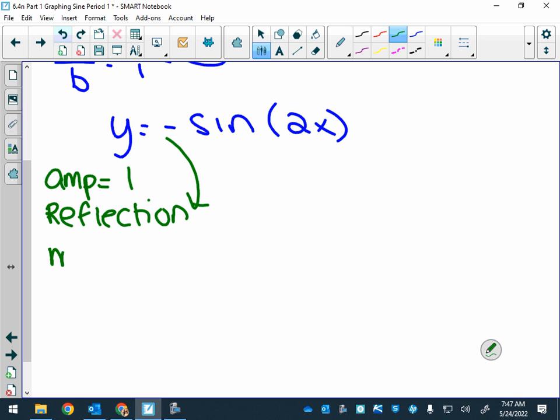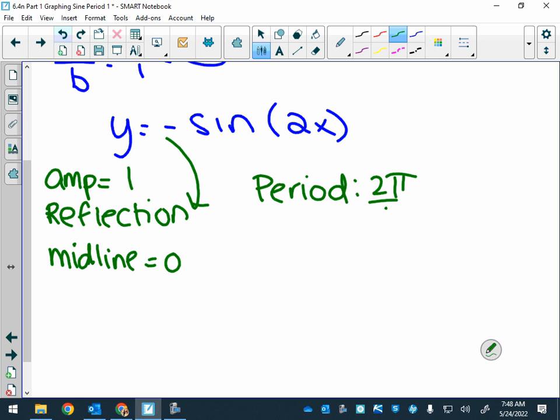What is our midline? Zach? Careful. Nick? 0. Because your midline, remember, is plus or minus on the outside. Okay? And then what is the period? It would be pi. 2 pi over 2 gives you pi.